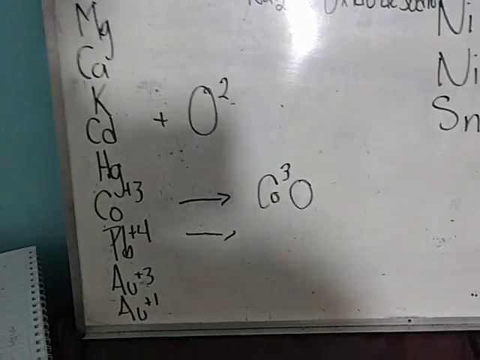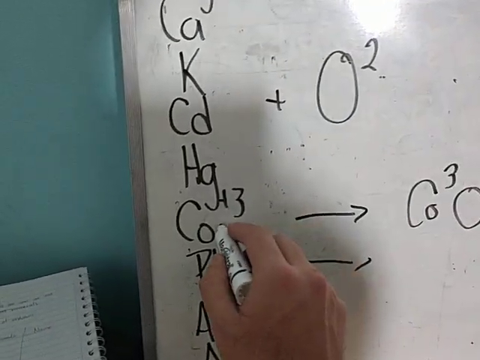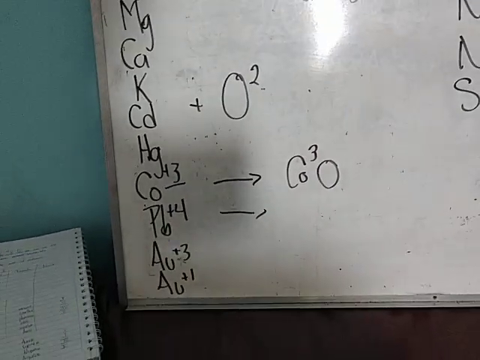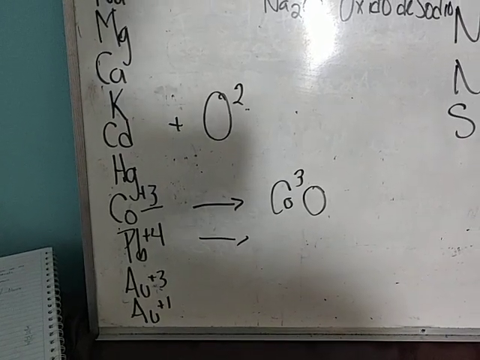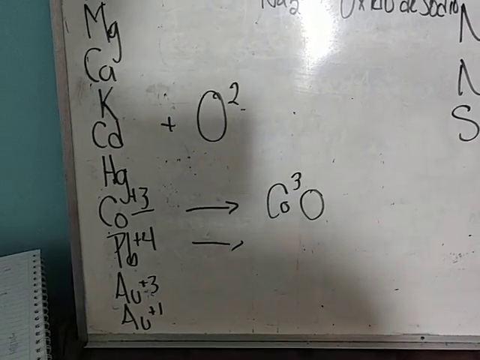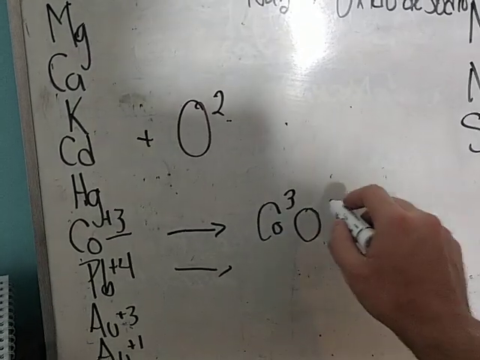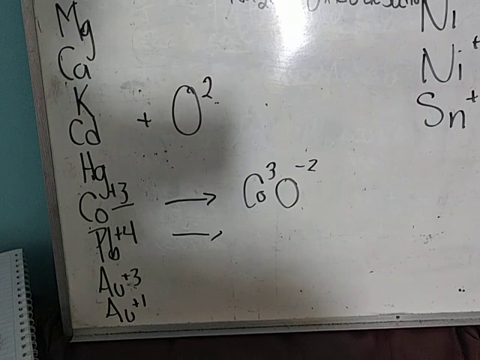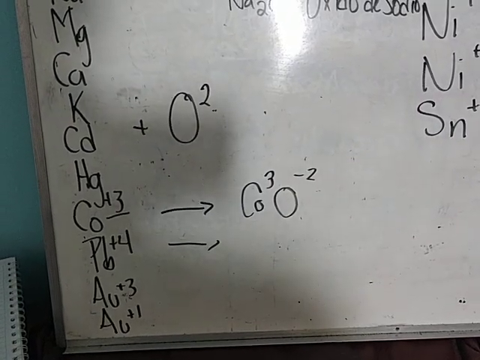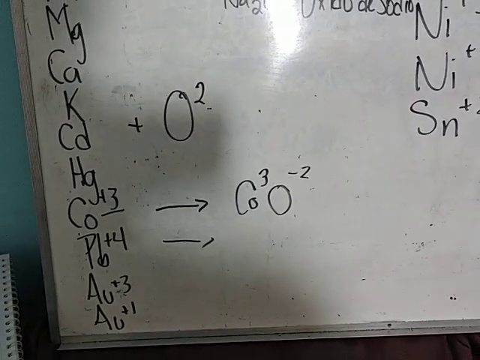If they tell me that it's working with a +3, I have to balance the equation. I have a -2. Is that balanced? No. The correct answer is that it's not balanced.